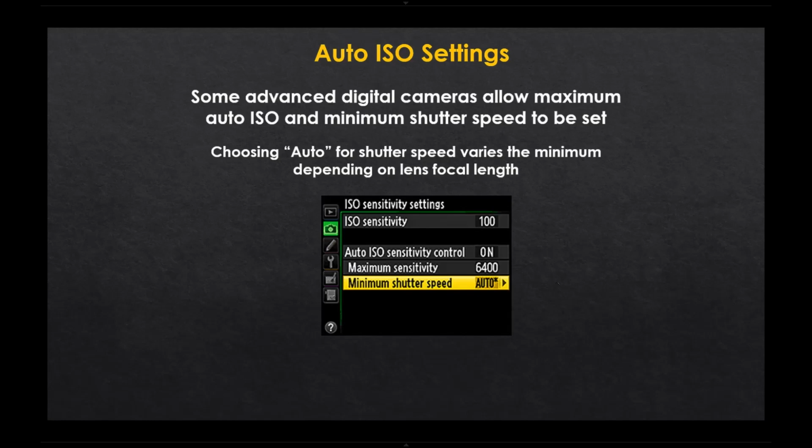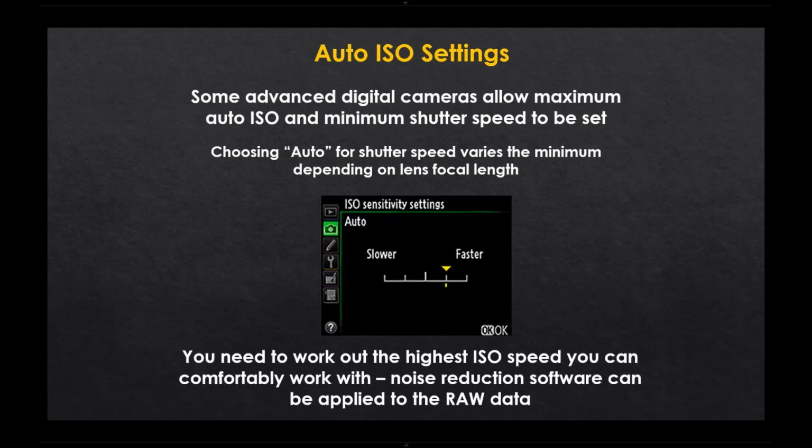Obviously, with a wide angle lens, very short focal length, it will allow you to use a much slower shutter speed. But if you're using a longer telephoto lens, it will keep that minimum shutter speed to a higher level. And you have the option here of determining how much weight is given to that faster or slower shutter speed. But of course you need to work out those options for yourself.